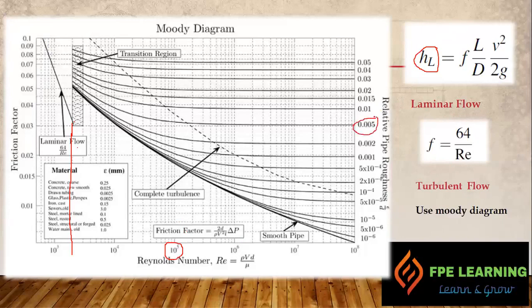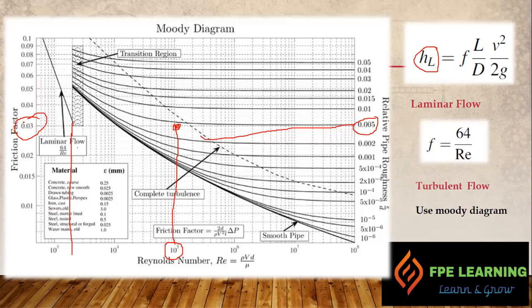What we have to do is go directly from here all the way to the top, to this location, from 0.005, and then go directly to the left side here. So we can say the frictional factor f is 0.03 for a Reynolds number of 10 to the power 5 and relative pipe roughness of 0.005.